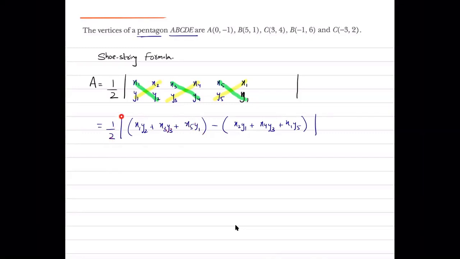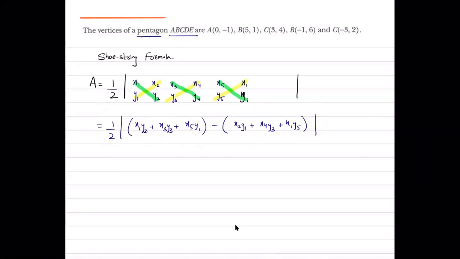The reason there is a mod sign is because the area is always going to be positive. So even if you get minus 30 for this difference, you're going to take plus 30, and plus 30 divided by 2 is going to be 15.